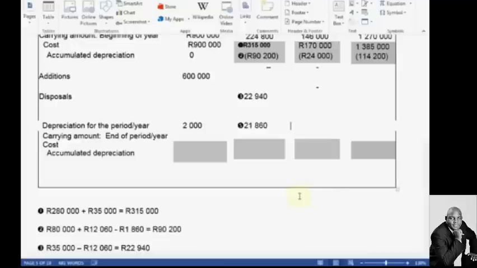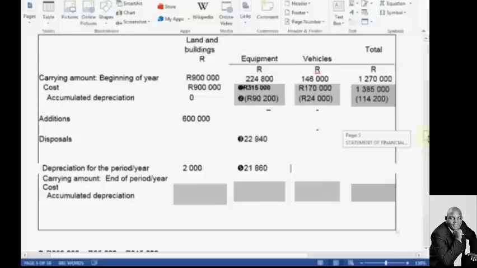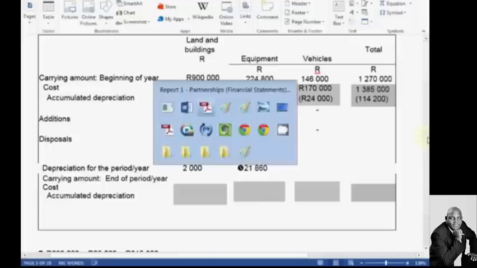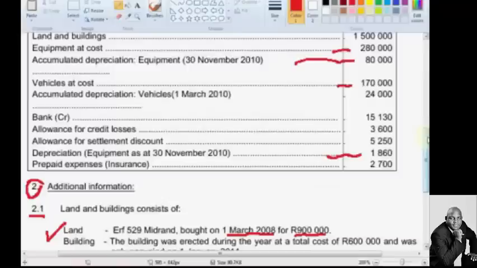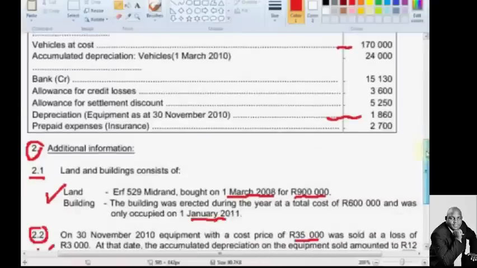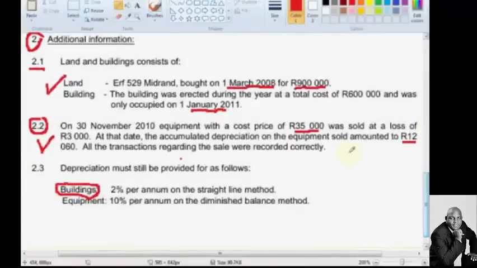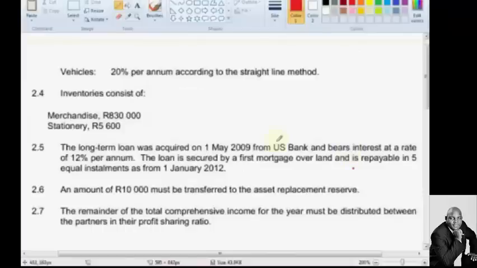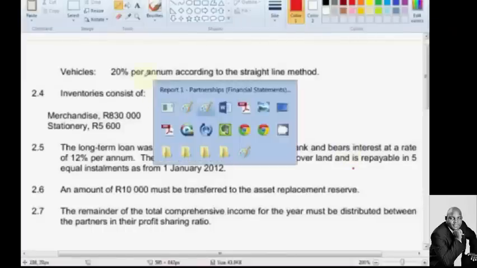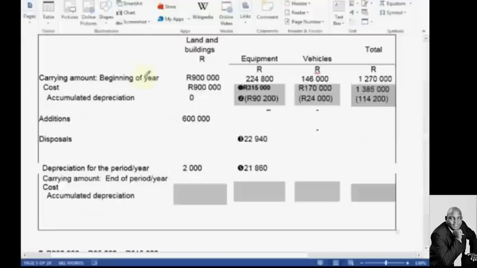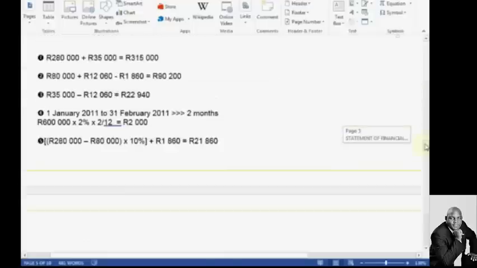Now we need to calculate the depreciation for the vehicles. As far as we know, we have not sold any vehicles, so we're not supposed to have a problem there. So let's go. Okay, vehicles. I need to go to the next page. It's 20% per annum, straight line method. Straight line method is always nice to work with, less stress. So we're going to do workings number 6 now.